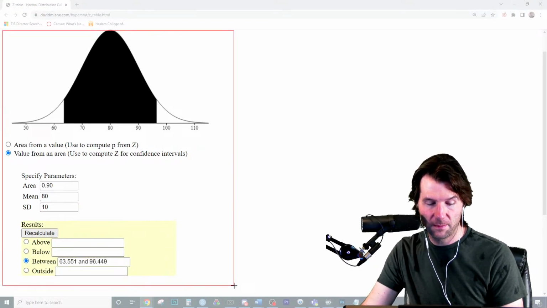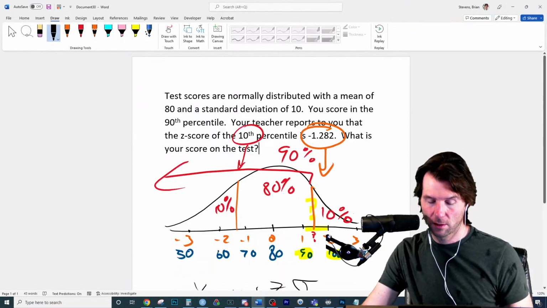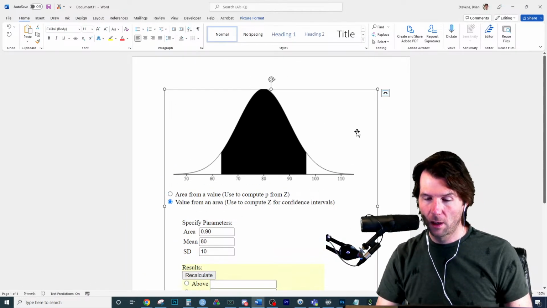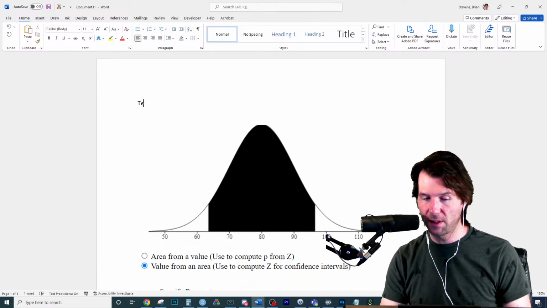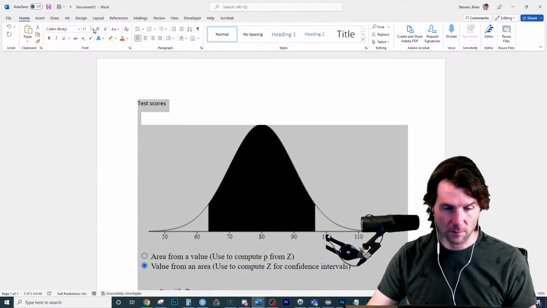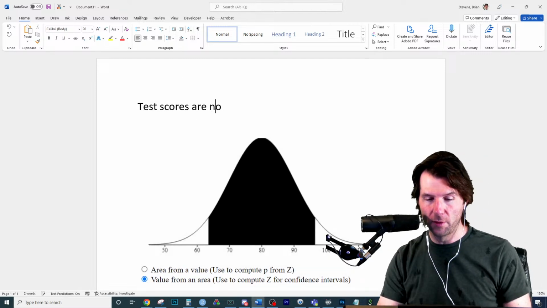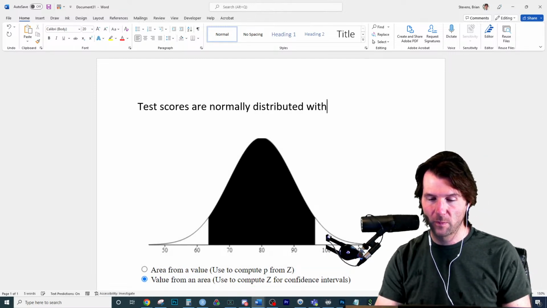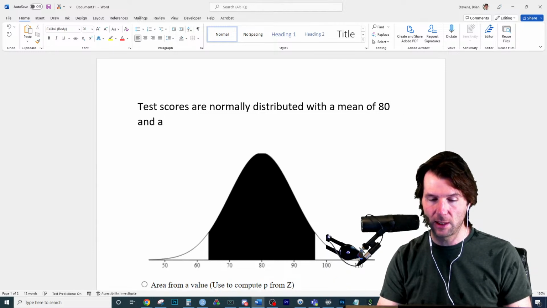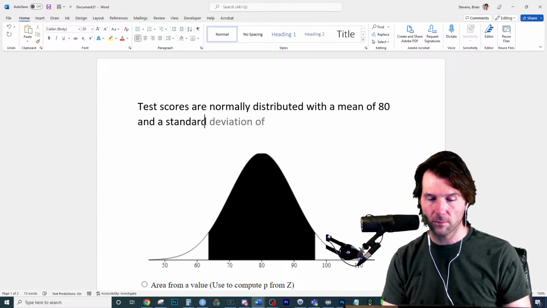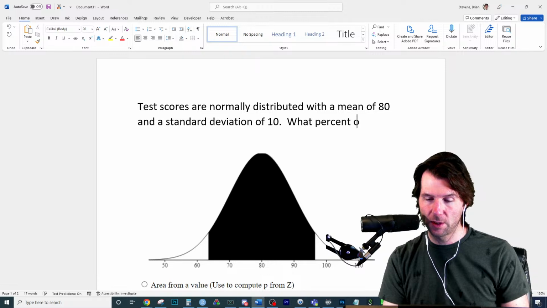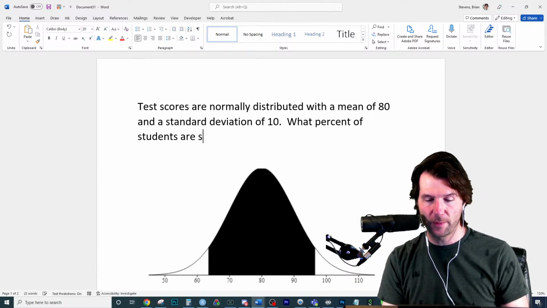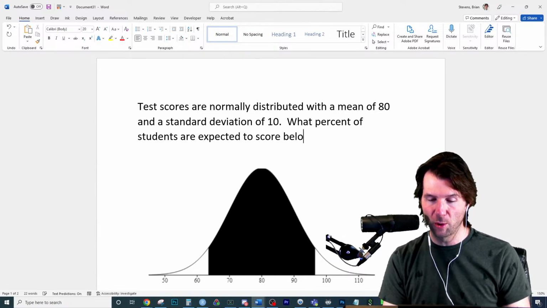And let's say test scores are normally distributed with a mean of 80 and standard deviation of 10. Did I do 10 down here? I did. What percent of students are expected to score below?